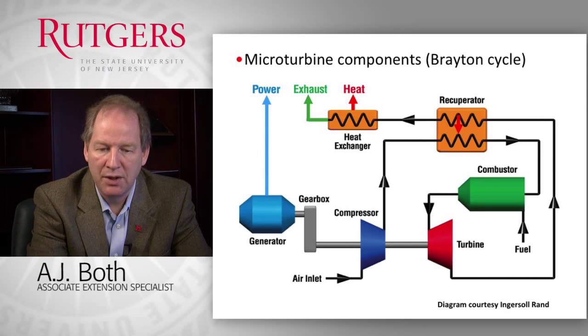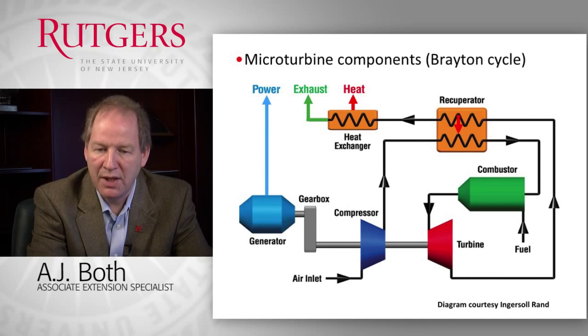We have a compressor that sucks in outside air and compresses it, increases the density. That compressed air is run through a recuperator, which is a heat exchanger that extracts some of the heat energy from the exhaust gases, and heats up the inlet air, the compressed air.